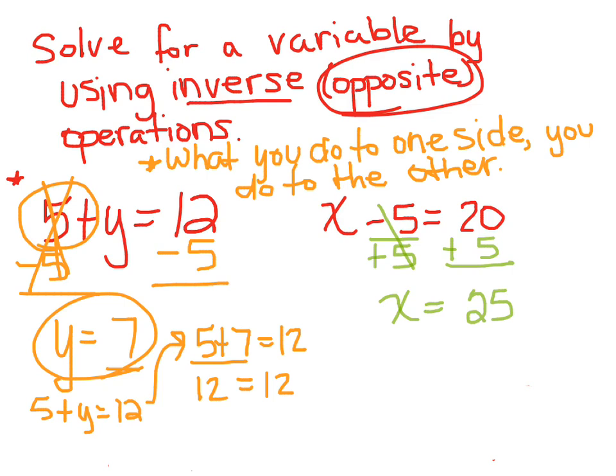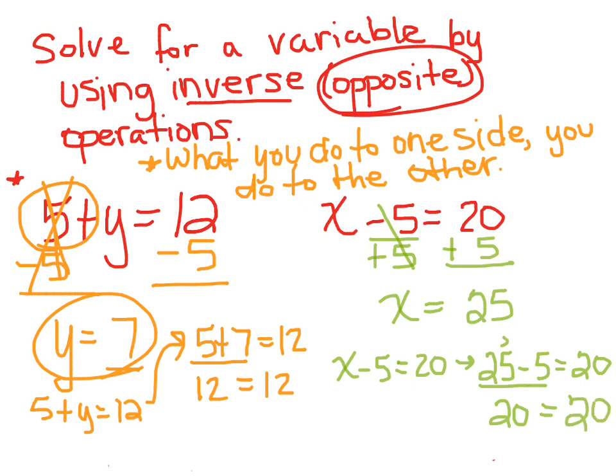So now our problem was x minus 5 equals 20. I substituted the x for 25: 25 minus 5 equals 20. 25 minus 5 is 20, which equals 20. So x equals 25 was correct.